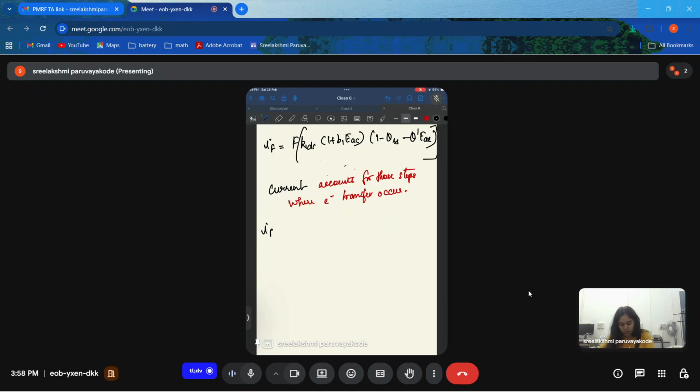So now let me simplify it. F into K1 DC, 1 minus theta SS. I'm just going to rearrange it.